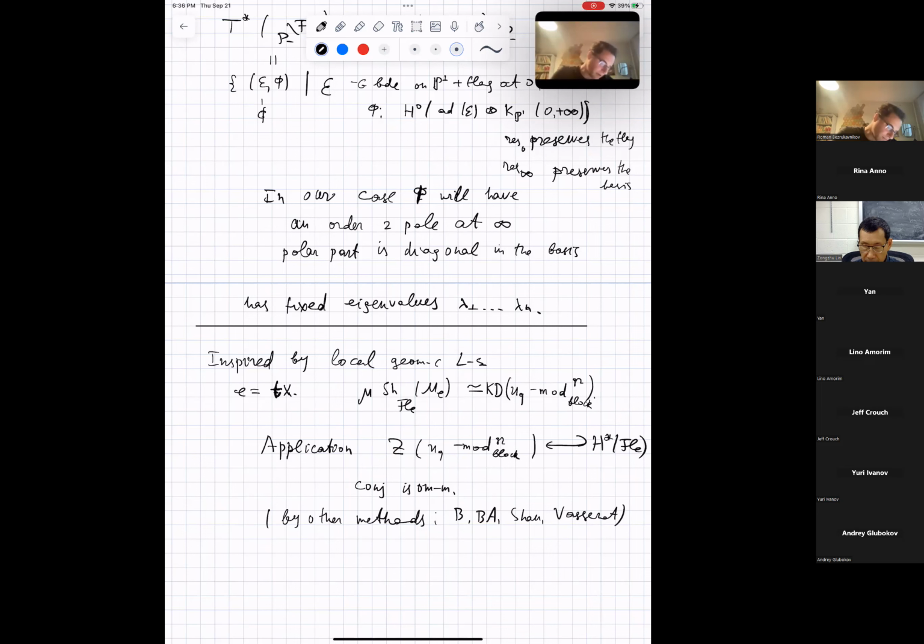And okay, I think we're making progress also on proving the isomorphism statement in some cases, but at least this is what I want to mention here.